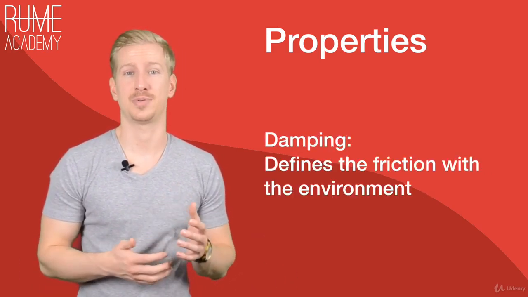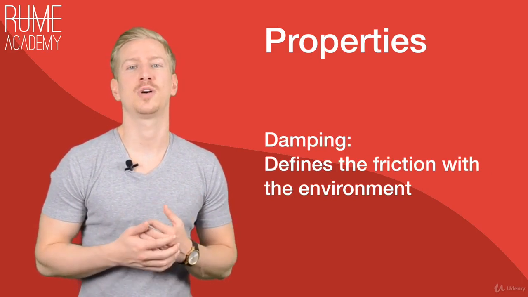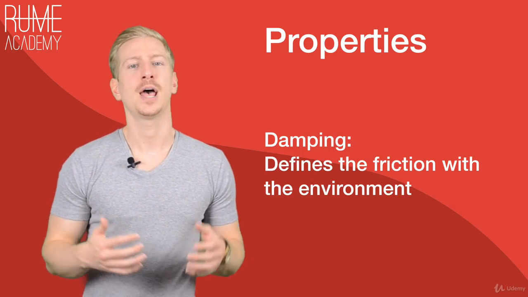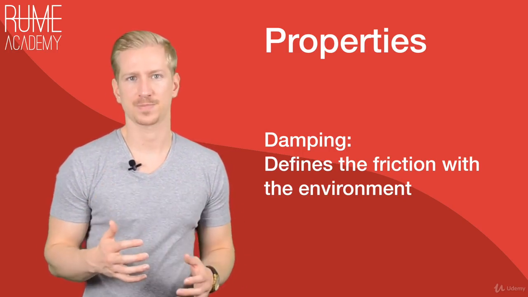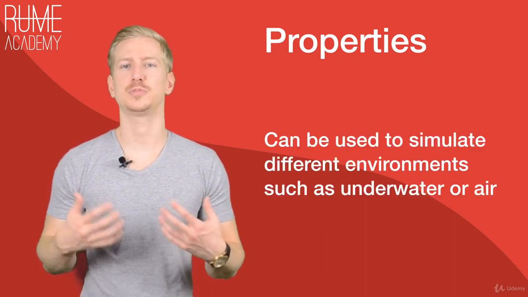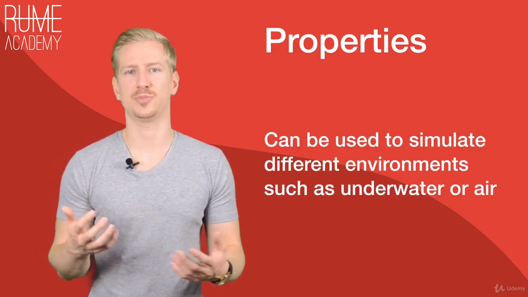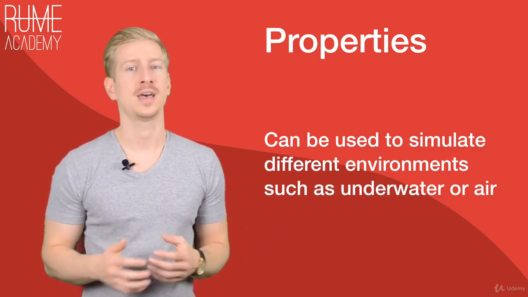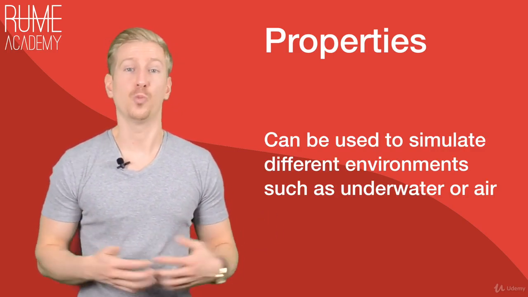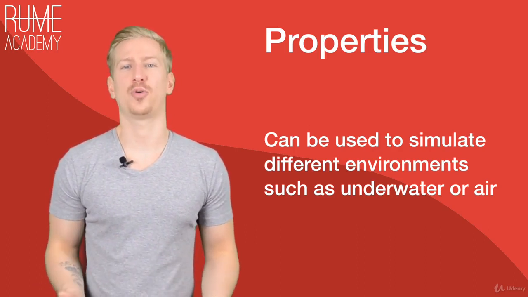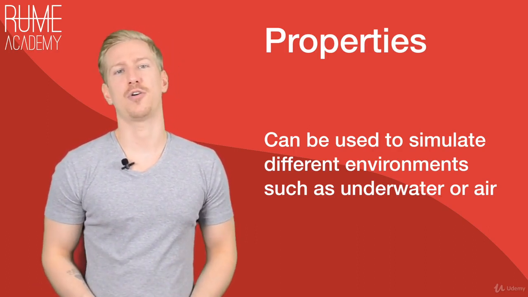Linear and angular damping is being used to simulate friction when moving a physics body, whereas we use friction when we are dealing with two physics bodies. You could use this, for example, to simulate different environments such as underwater, air, or maybe even wind by defining values anywhere between 0.0 and 1.0.